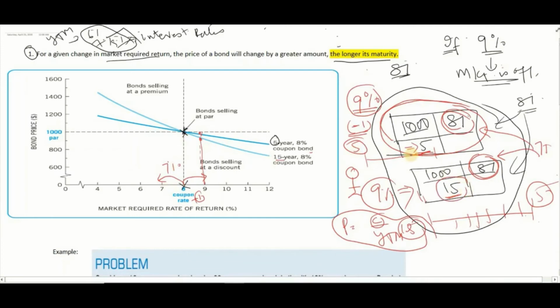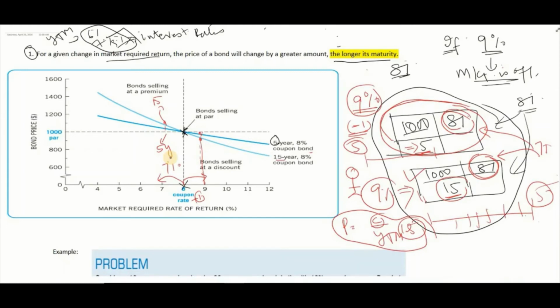So it means the demand for this bond will increase. When the demand increases, people will be willing to pay more for this 15-year maturity bond than for the 5-year bond. So you just need to understand that the longer the maturity, the more the prices of the bond are affected if the market interest rate changes.